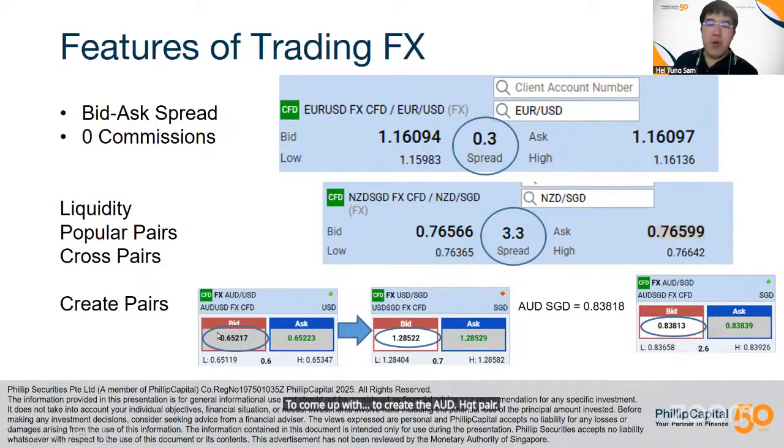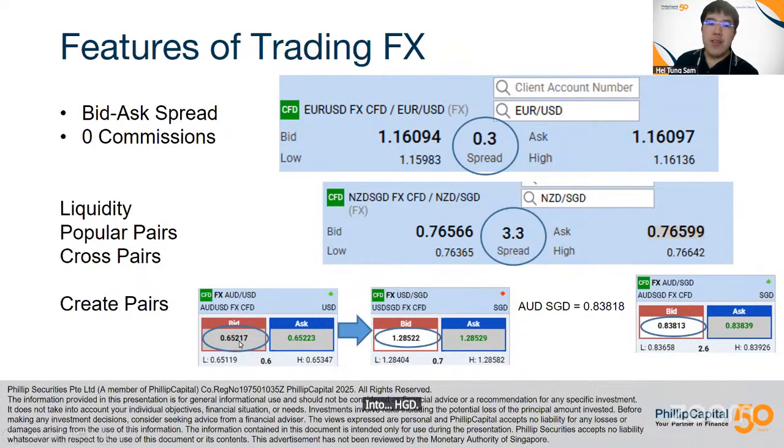So let's say we have AUD, we want USD. So we will hit the sell. Then we will receive, for one AUD, 0.6217 USD. Then we use this USD to convert into SGD.